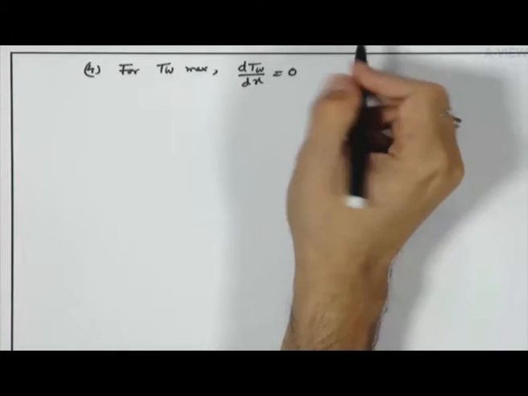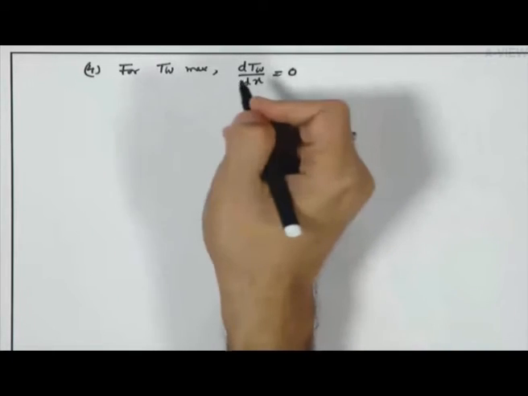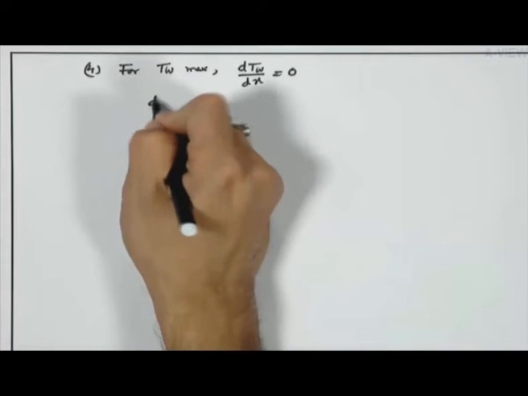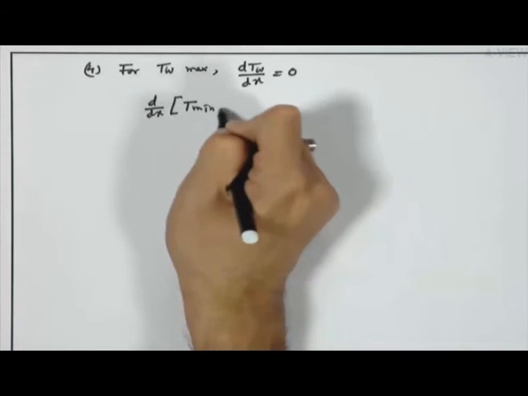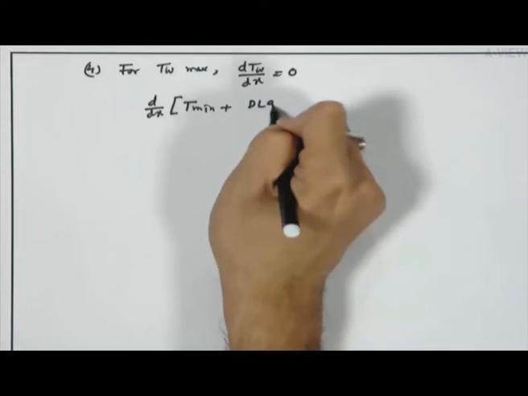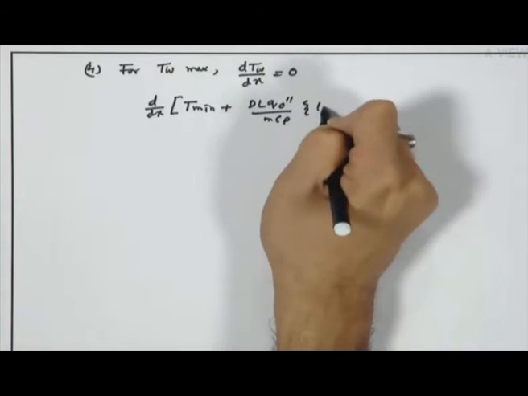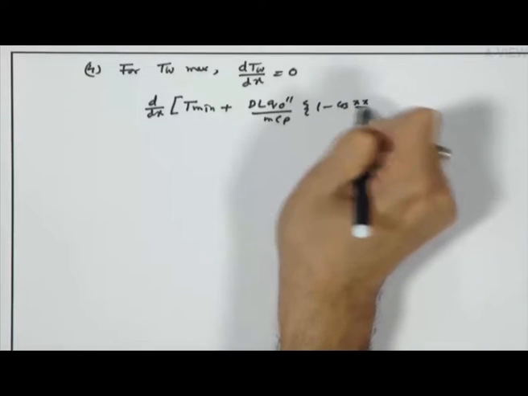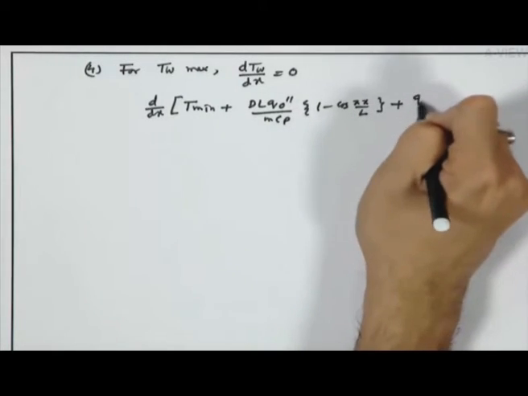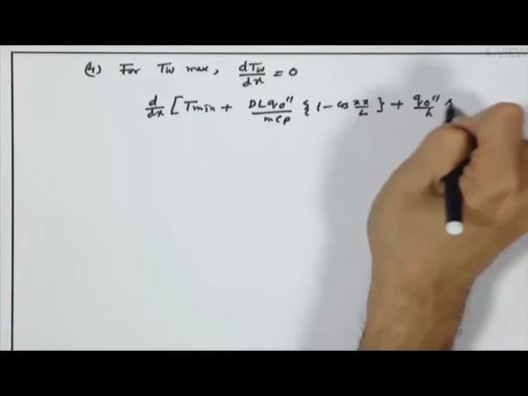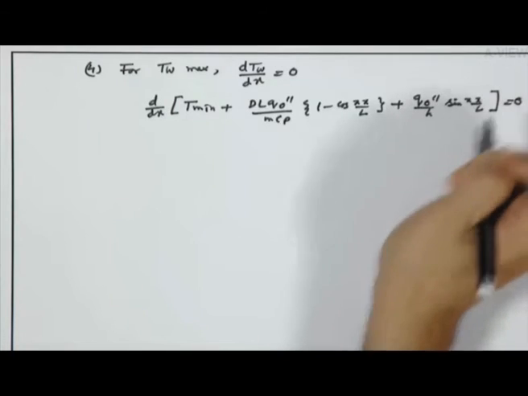So, we have d dx of Tm in plus dL q0 by m dot Cp into 1 minus cos pi x by L, plus q0 by h sin pi x by L, equal to 0.